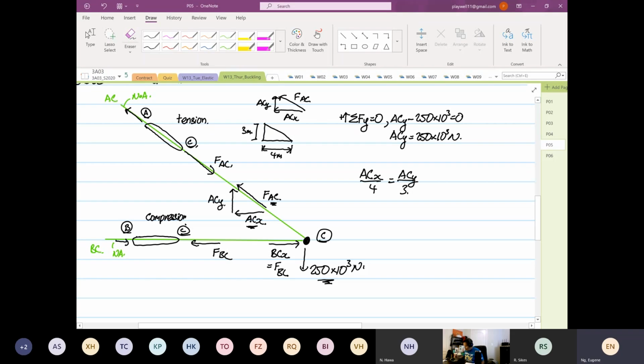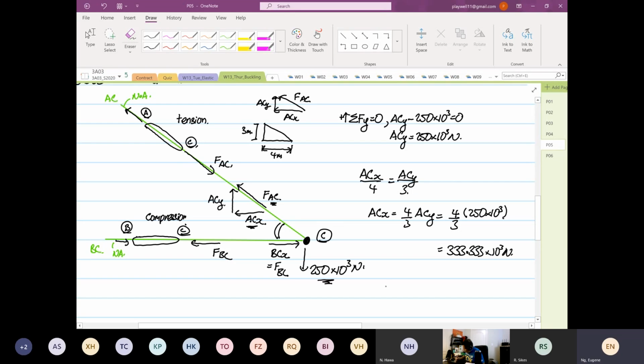You can calculate the angle, so you can use this angle and the answer will be the same. So ACX now will be equal to 4 over 3 ACY. So this will be equal to 4 over 3 multiplied by 250 times 10 to the power 3. This will give you 333.33 times 10 to the power 3 Newton. So this is your ACX.